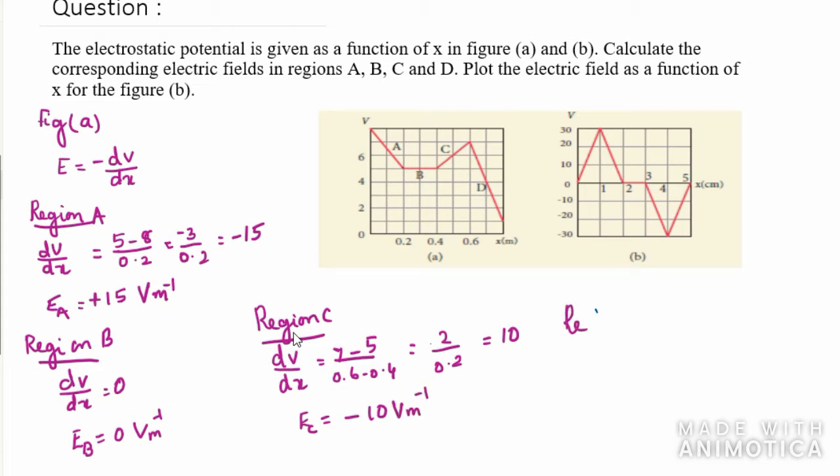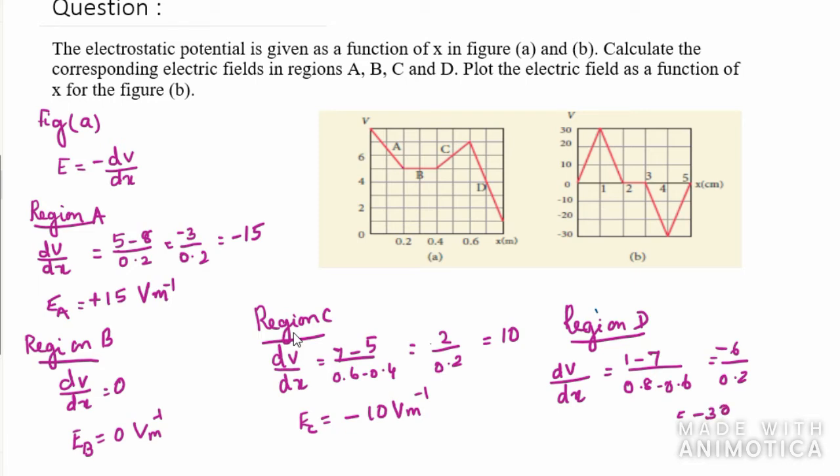Now, region D. Here the slope is 1 minus 7 by 0.8 minus 0.6, equal to minus 6 by 0.2, it is minus 30.